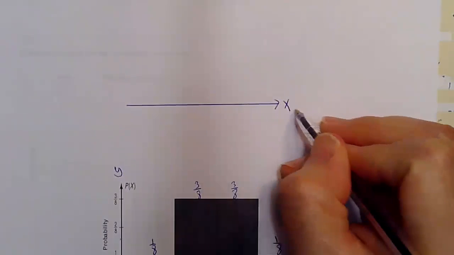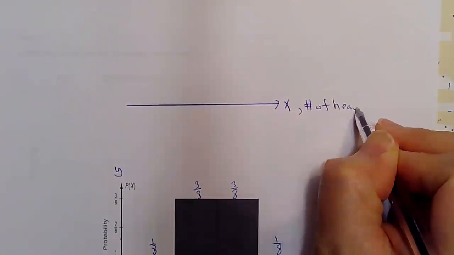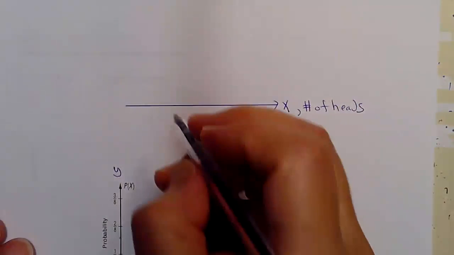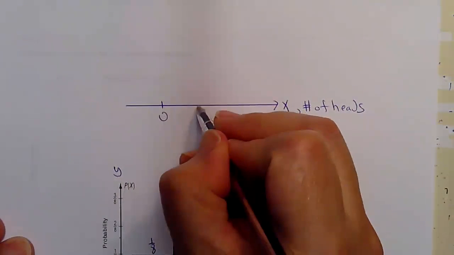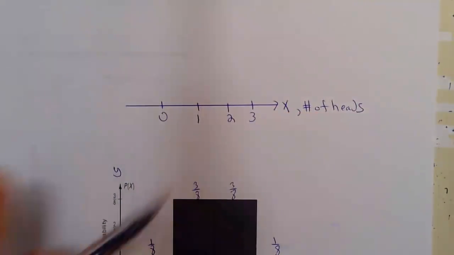Okay, so this is X, and I'm going to put here number of heads. Then I'm going to do 0, 1, 2, 3.